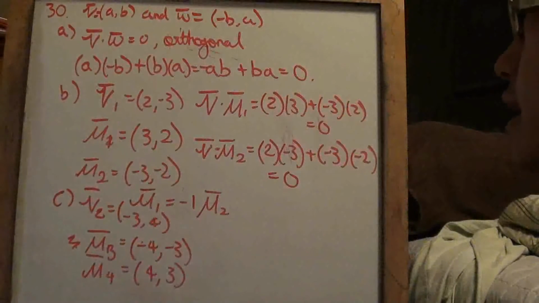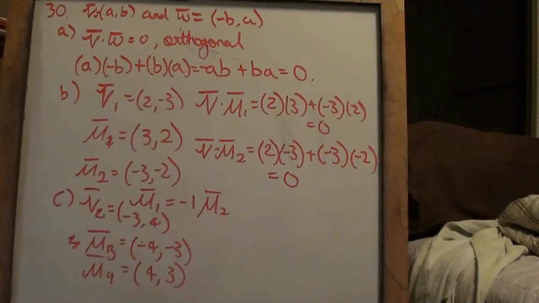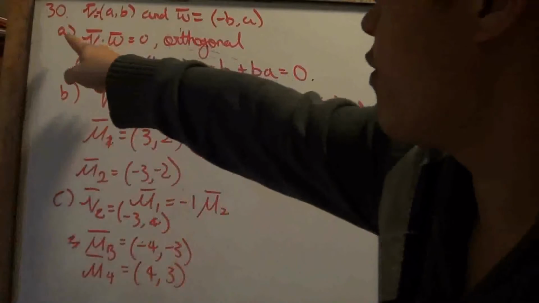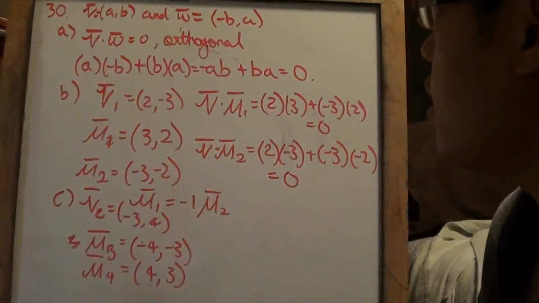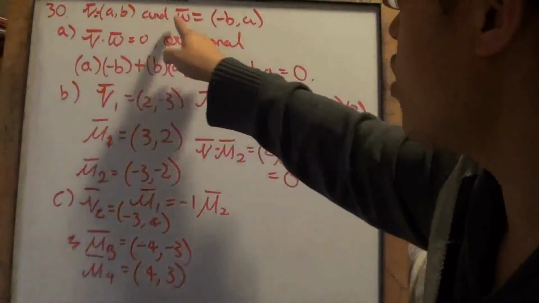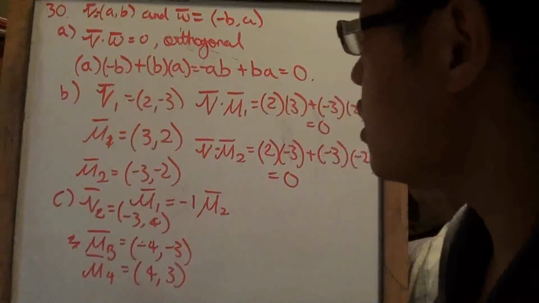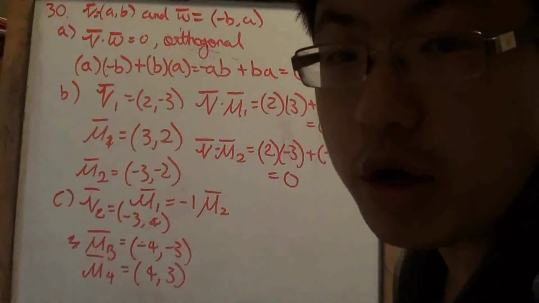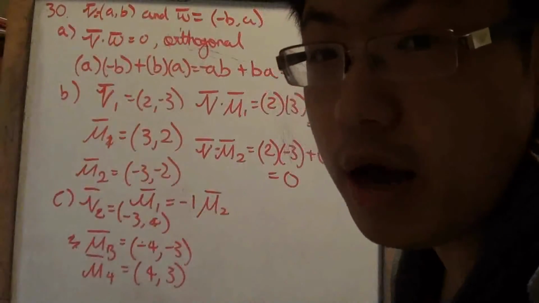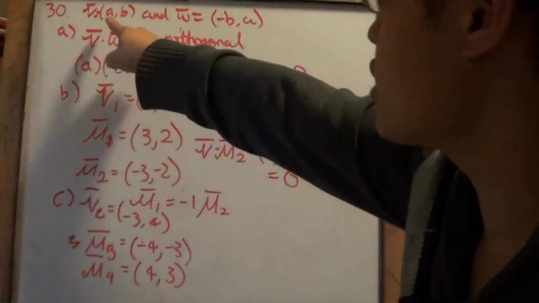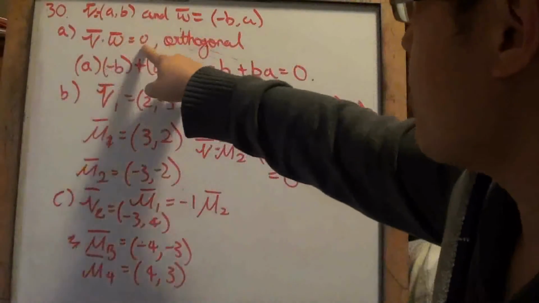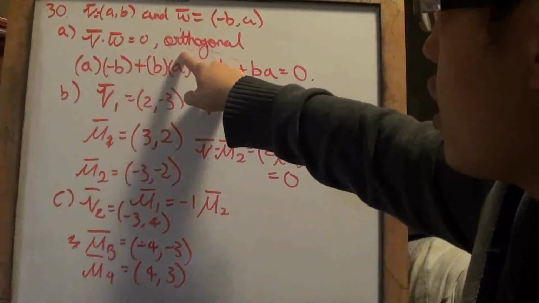Basically it's asking, for question 30a, tell me why these two are orthogonal to each other. Every time we check the orthogonal test, as we should all know by now, it's going to be the dot product. So I'm going to do a dot product of these two vectors. That must be 0 for it to be orthogonal.